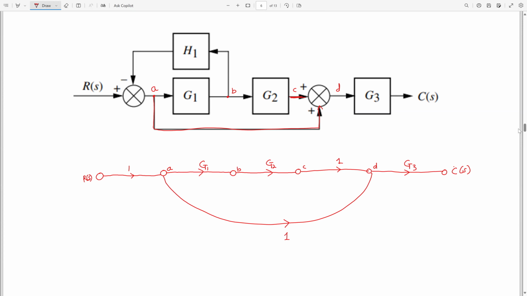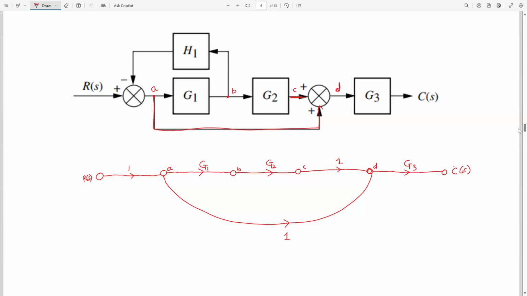Now, again with our postulate that if we have signals moving into a node, then the signal on that node is the output of a particular summing junction here. So D is the output of this summing junction here. And then we have 2 signals, this one and this one, moving into the D node here. So it means that the signal on that particular node here is going to be the output here.